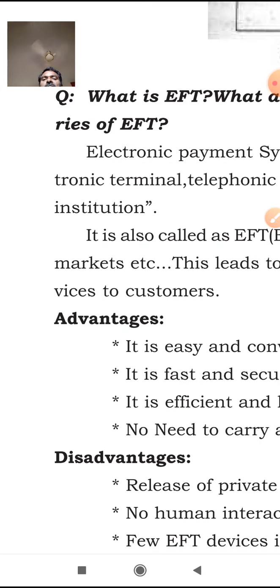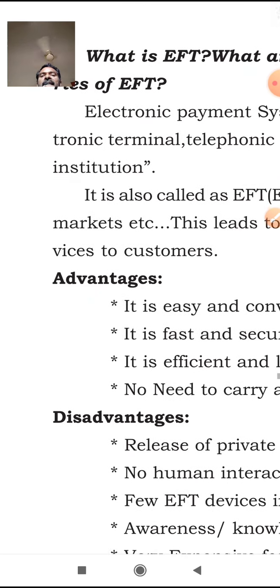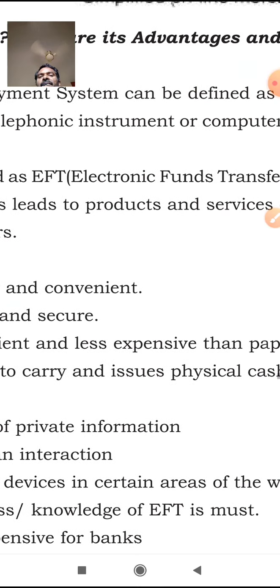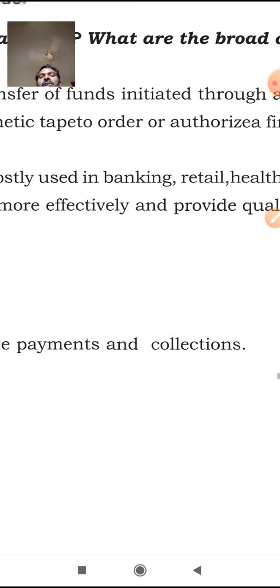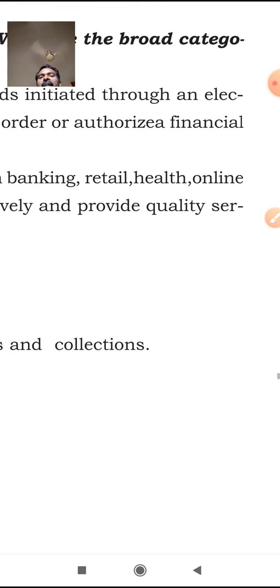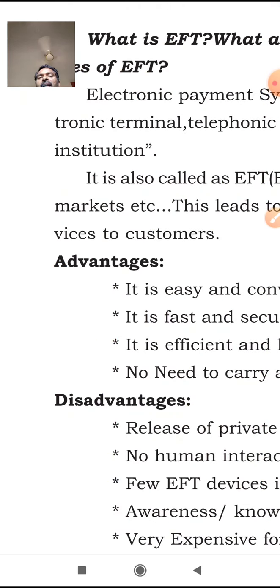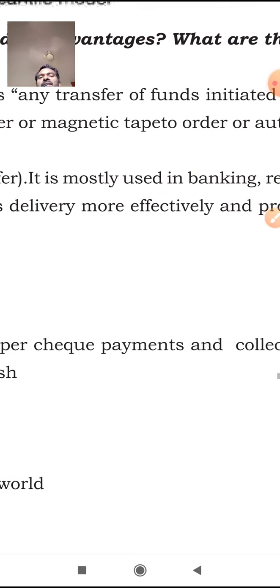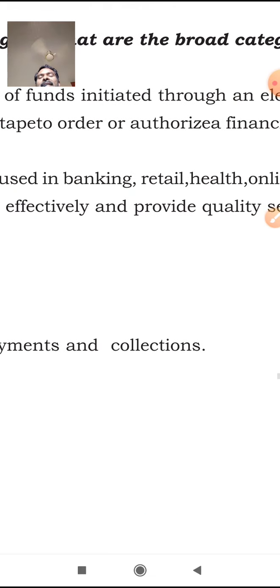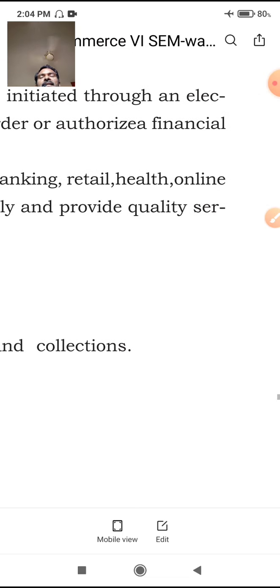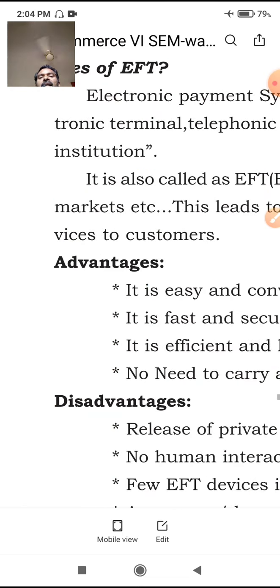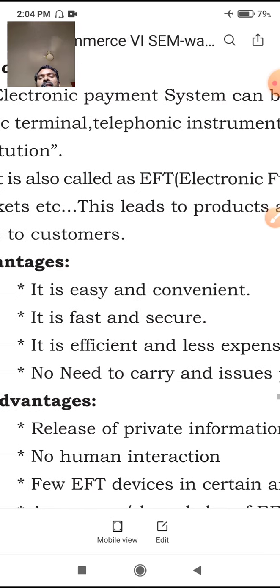EFT is mostly used in banking, retail, health, online markets, etc. These days the EFT system is used everywhere, mainly in the banking sector, the retail sector, the health sector, and online marketing sectors also.